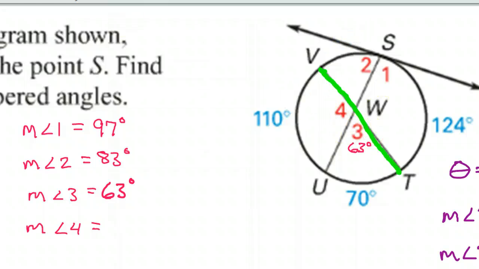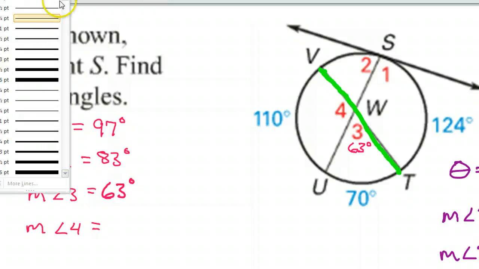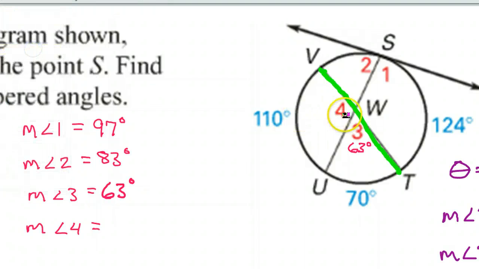Because all we need is the fact that we have a straight line. And a straight line makes a total of 180 degrees. So if I take this straight line and split it up into angle 3 and angle 4, these are supplementary. They have to add up to 180 degrees. So I just need to subtract from 180 to find the rest.